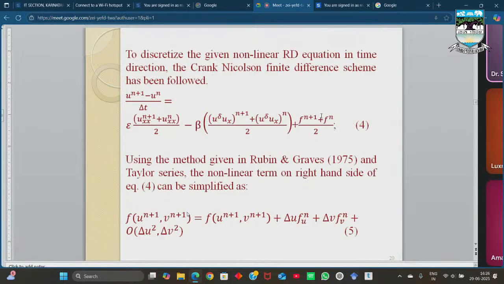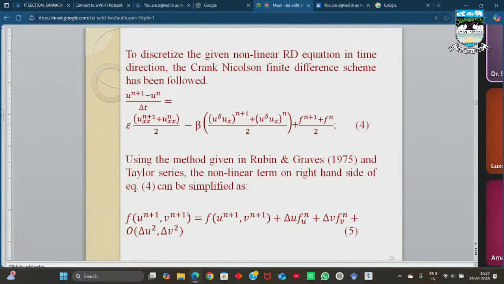It takes the mean of the iterations in the spatial direction. So we have applied this Crank-Nicolson scheme in this form. Now the next step is to linearize the non-linear terms, that is the function which is iterated at the n+1th and nth iteration, and the non-linear term u^δ ∂u/∂x, which is iterated at the n+1th and nth iteration.